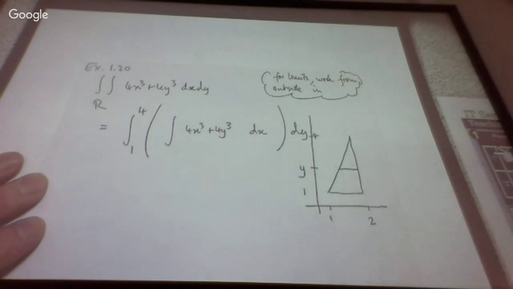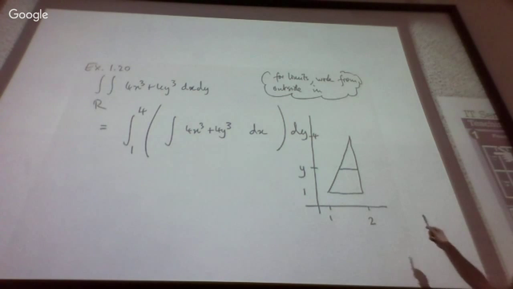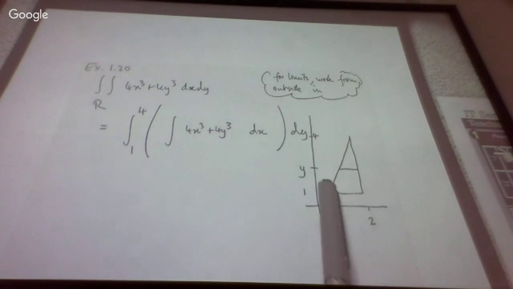And then you ask yourself, well, what does the region look like at that y value? Well, at that y value, the region isn't extending from x equals 1 up to x equals 2. So we're kind of halfway up the triangle.